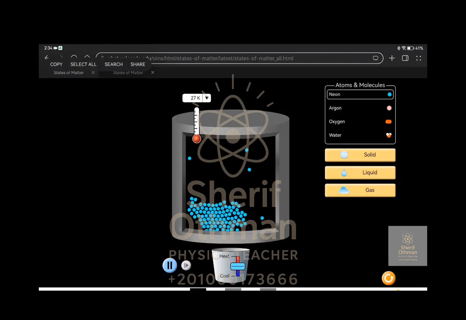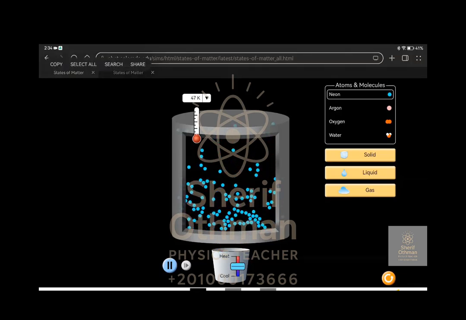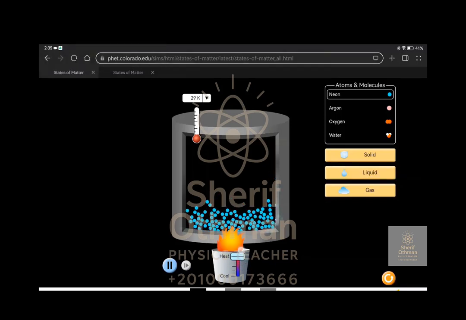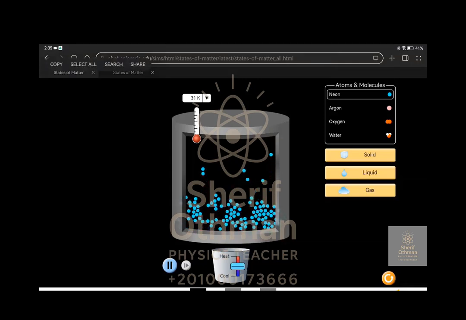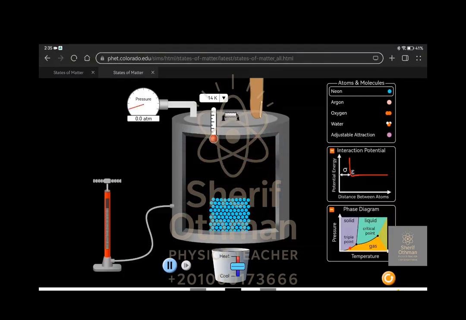By adding more heat, it changes into gaseous state. So I'm starting with solid, increasing the temperature of solid, the motion of particles increases. In the same way for liquid, and also for gas it is the same.